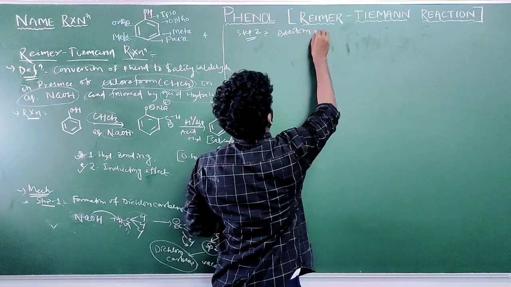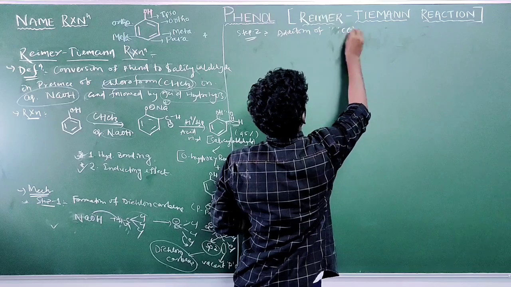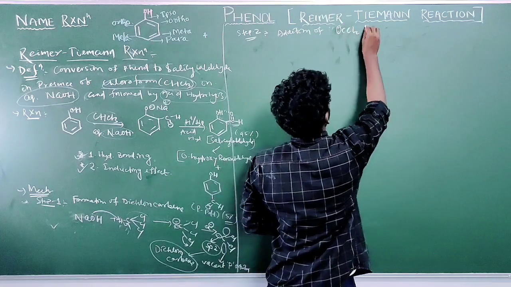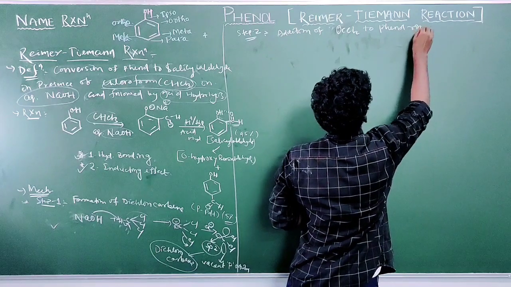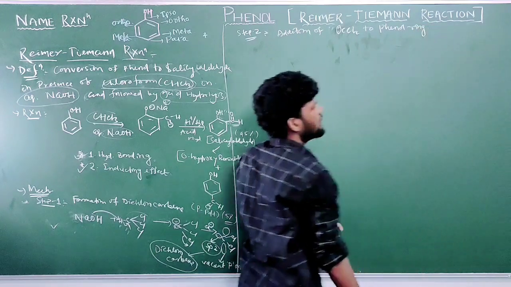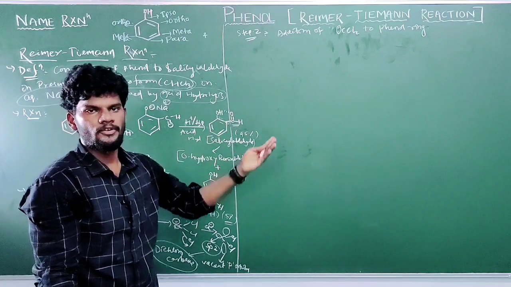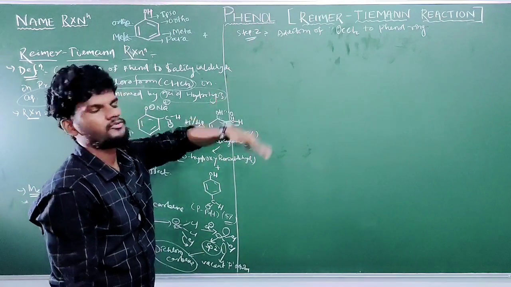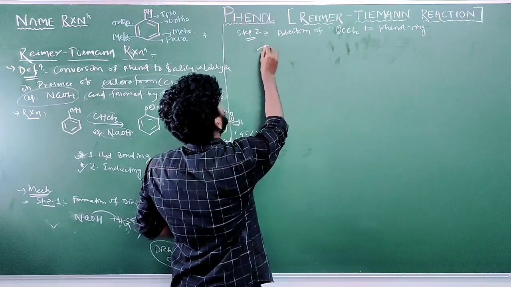I am writing CCl2, addition of dichlorocarbene to the phenol ring. This is like electrophilic aromatic substitution. The benzene ring of phenol is a nucleophile, and CCl2 is an electrophilic carbon. So write the mechanism here.